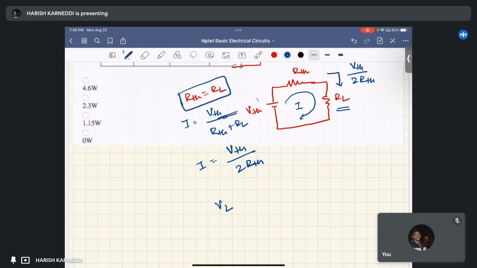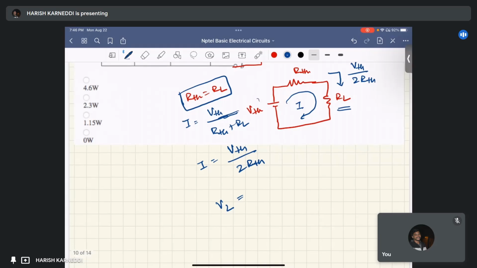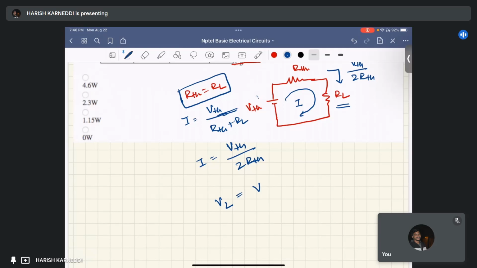How can we find this VL? We can find this VL by applying the voltage divider rule, right? VL equals total voltage, that equals VTH. Then that resistance, RL, by total resistance, RL plus RTH, right?